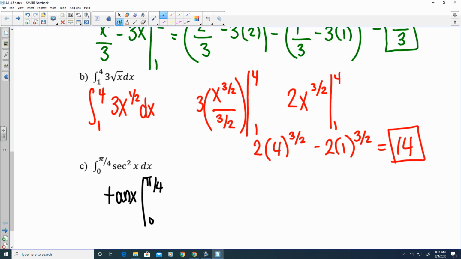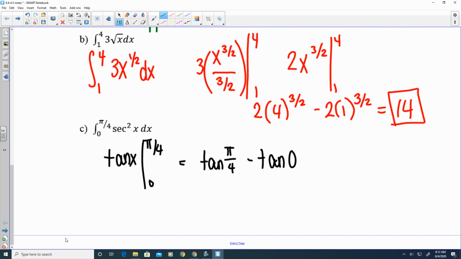From 0 to pi over 4. So first we plug in the pi over 4 and the 0. We should be able to know what this is off the top of our heads because memorizing the unit circle is pretty key, actually. So tangent of pi over 4: at pi over 4, sine and cosine are the same at square root of 2 over 2, which means tangent is 1.